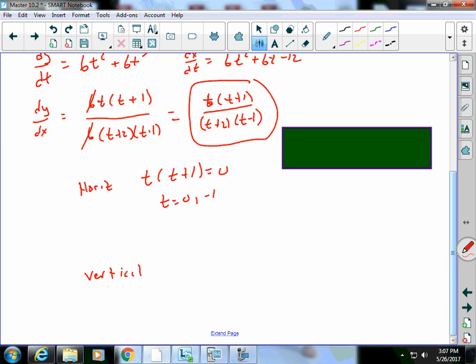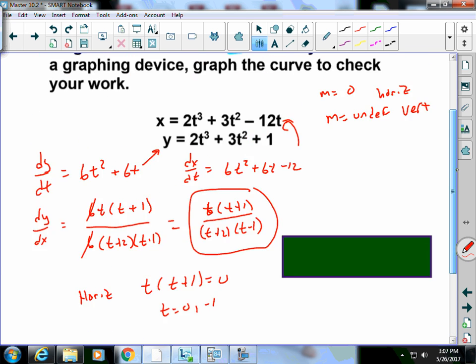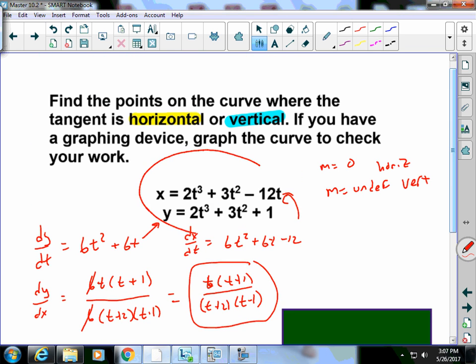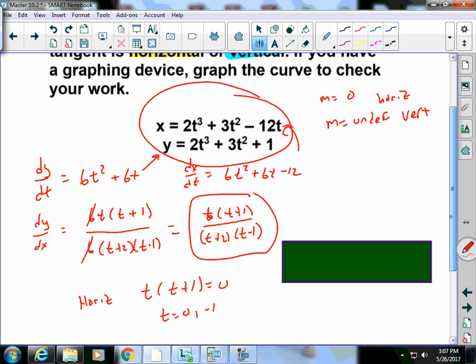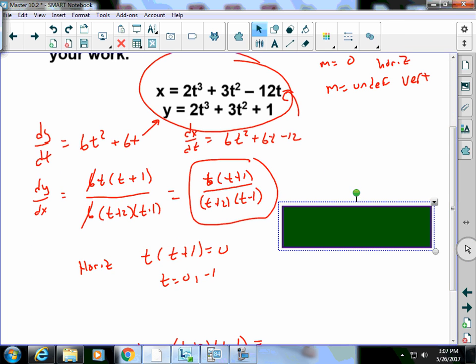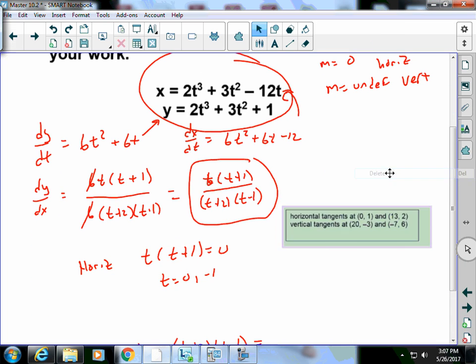That happens when the denominator equals 0, and that happens at t equals negative 2 and positive 1. So now if I want to know the exact points, I would take those t's and put them back into here. I will leave that up to you to do on your own, just to save some time, because this is a very long section. And these are your answers.